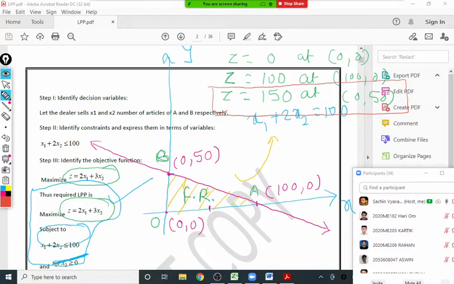You will observe the objective function is 2x1 plus 3x2. So at 100, 0 it is 200, and the maximum value is here, not at 0, 50. So this is the answer. We should write that z is maximum at 100, 0, and the maximum value of z is 200. That's a simple solution.